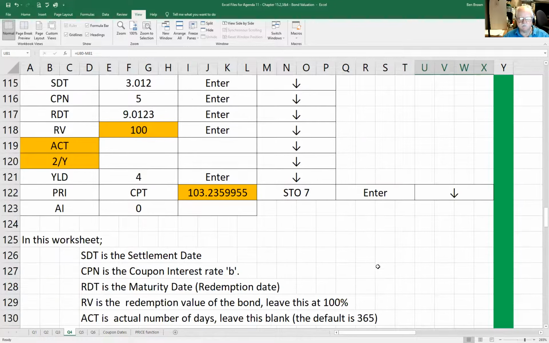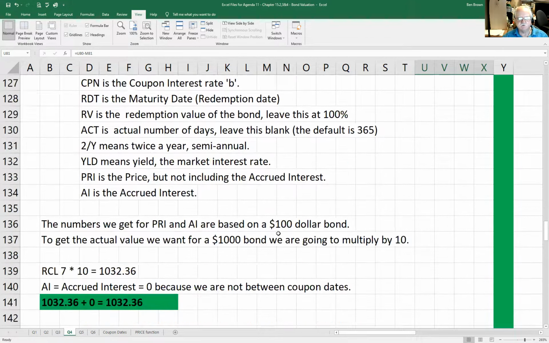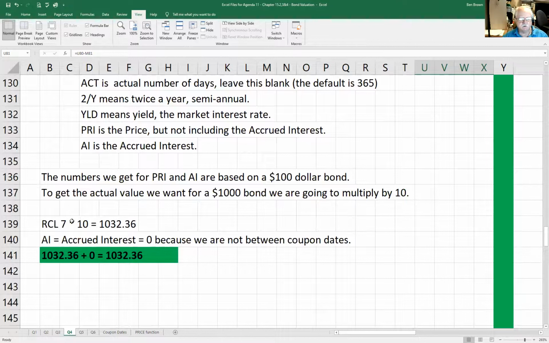And notice here it comes up with 103, blah, blah, blah. But remember, we're using a basis of 100. We'd have to multiply this, in this case, by 10 to get our answer. And we do. I stored this in 7, and I did recall 7 times 10, and there's that 1,032.36.